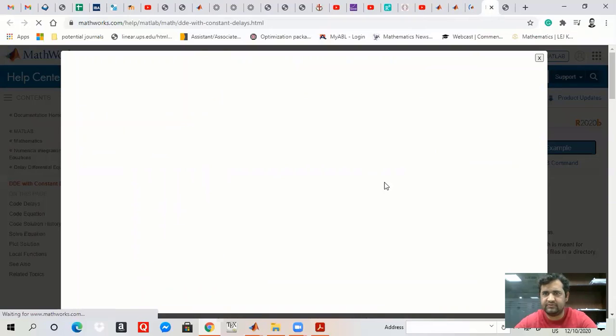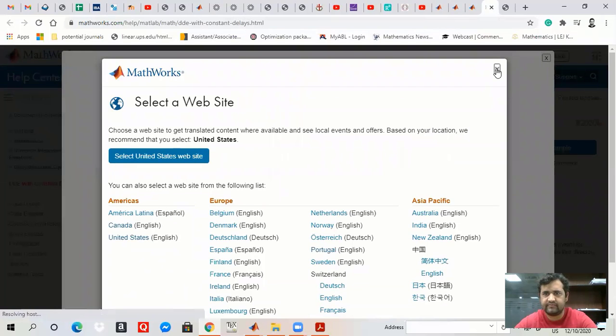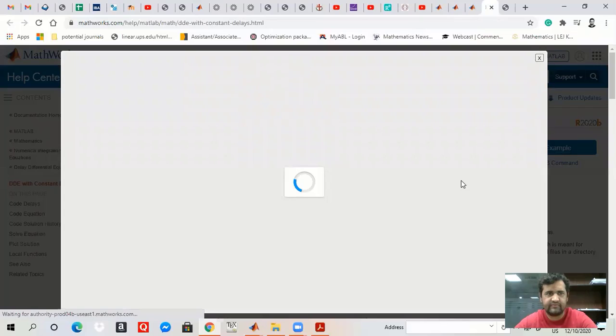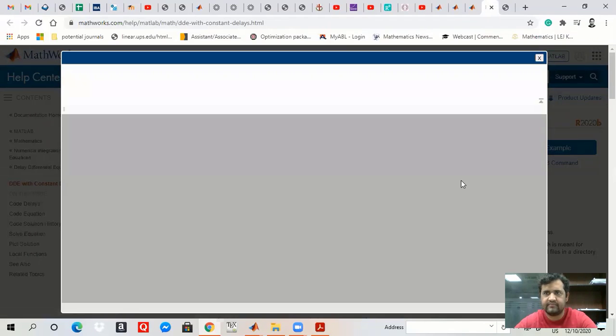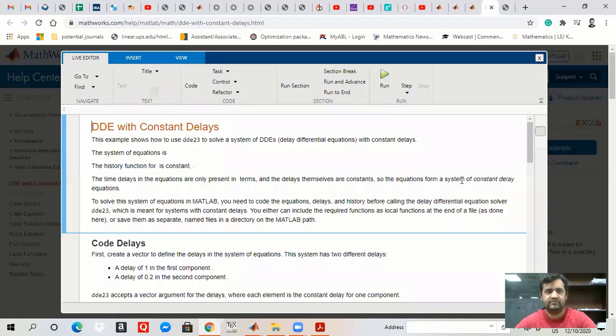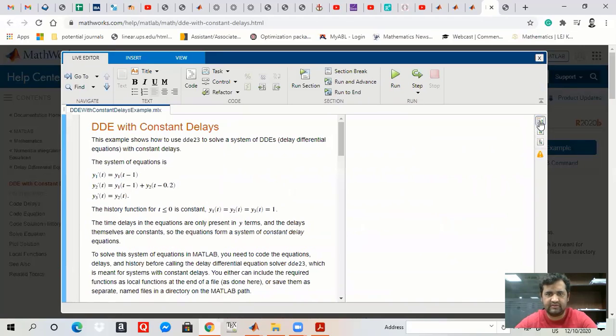It's going to take some time. Okay, so I can take the output on the right hand side.